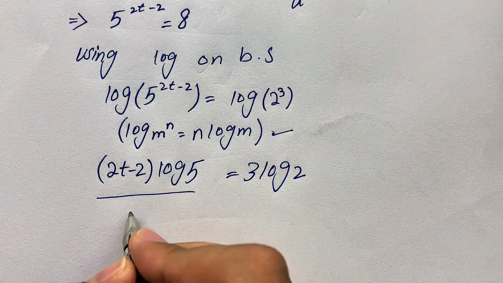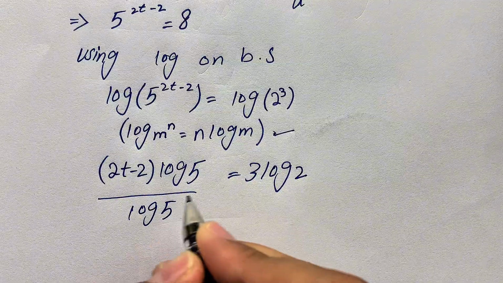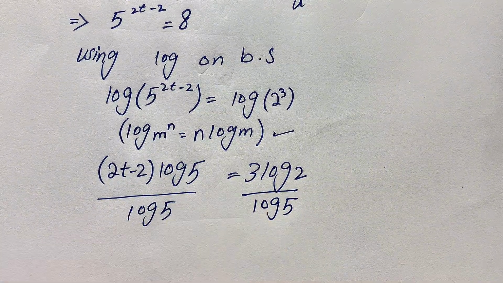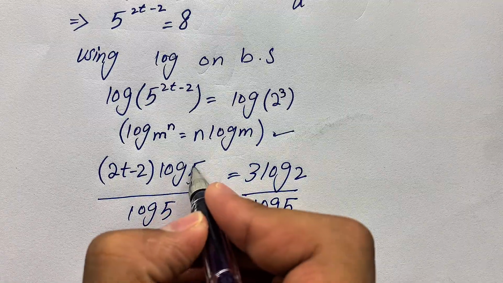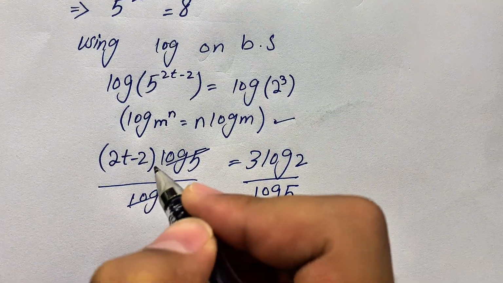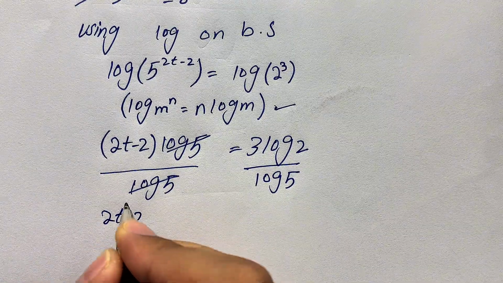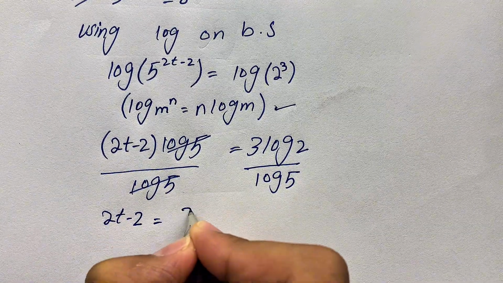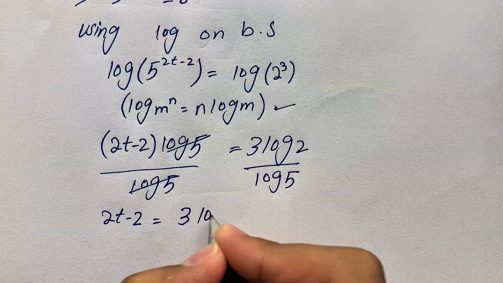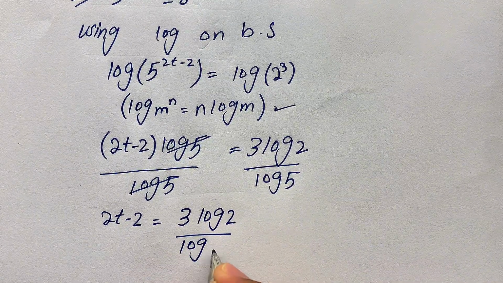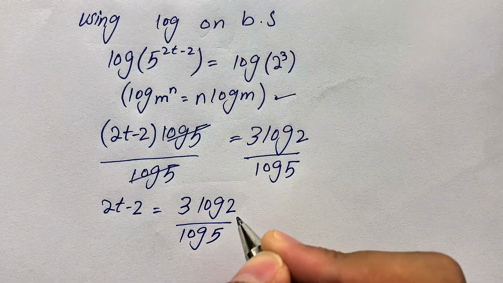Divide both sides by log of 5. Now this log of 5 cuts with this, remaining 2t minus 2 is equal to 3 log of 2 divided by log of 5.